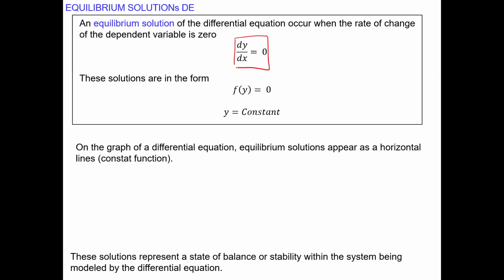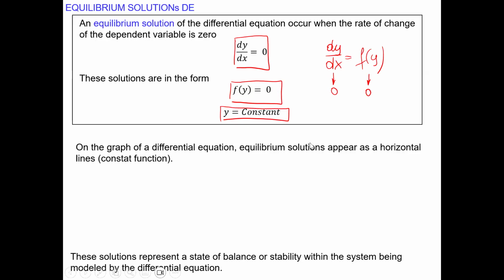Now, for the autonomous differential equation, dy/dx equals a function of y, so if the derivative is zero, then f of y equals zero. If the derivative is zero, the function must be constant. That means those are the constant solutions. An equilibrium solution is a constant function.